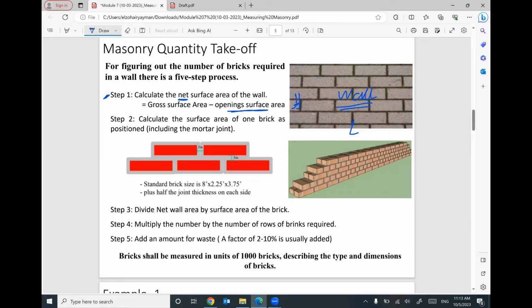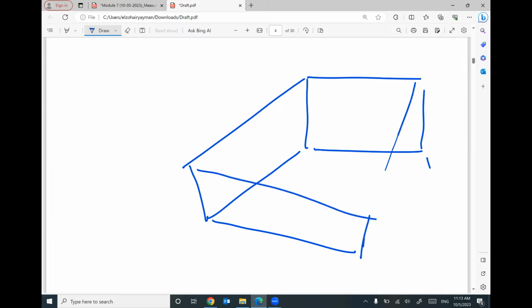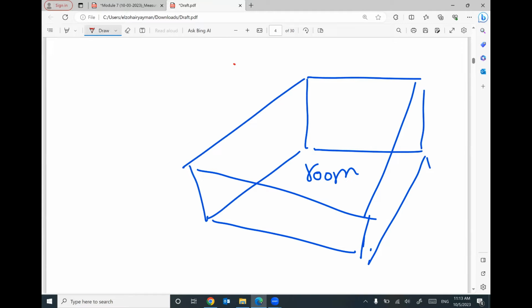And keep in your mind, if you have many walls, we have a wall here, we have another wall, and we have another wall, and we have another wall to construct your room. So if you would like to figure out the total surface area of these walls, typically go ahead and find the perimeter.